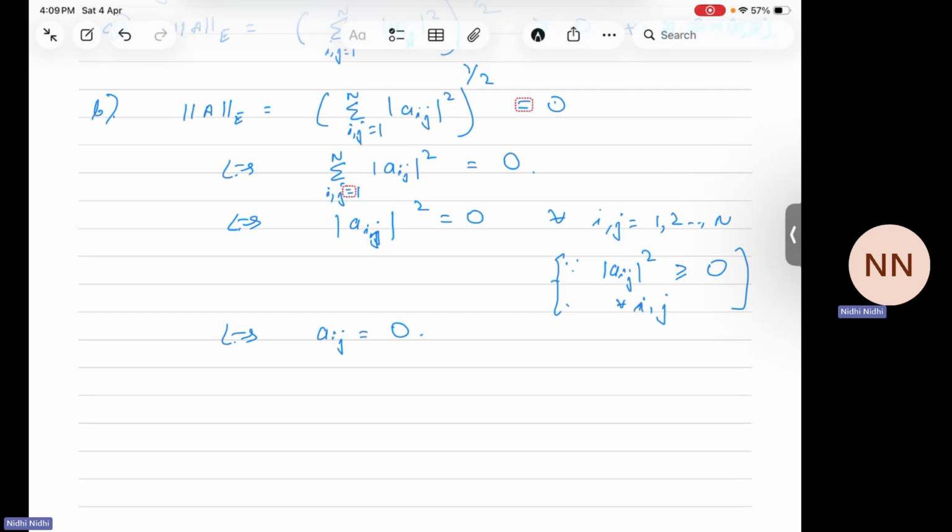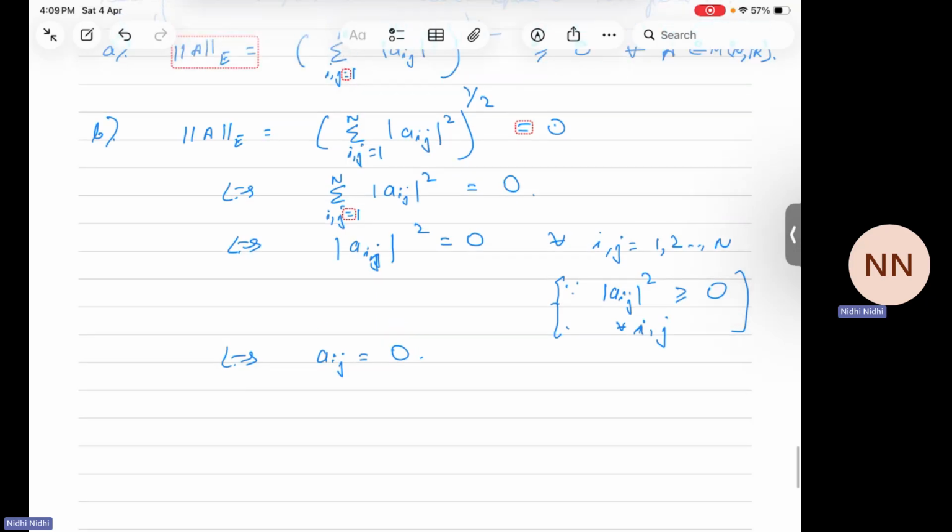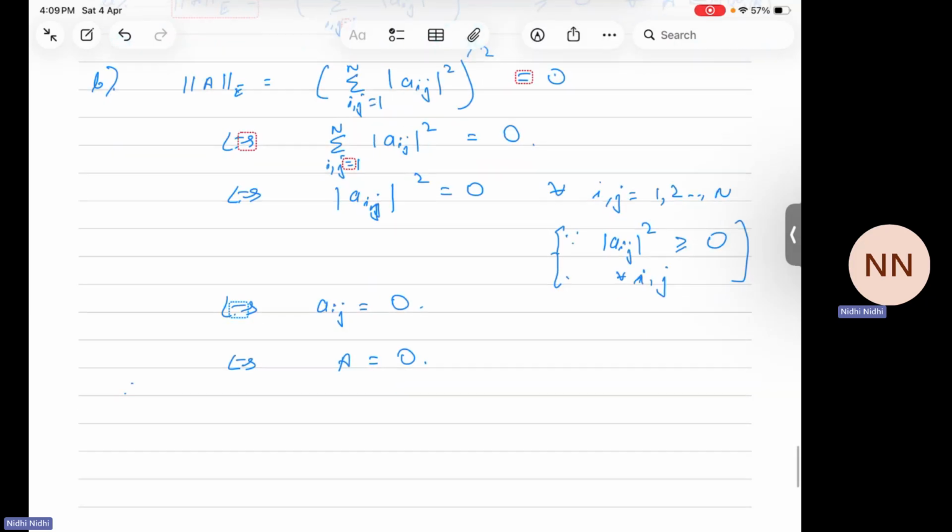Obviously the modulus squared is 0 if and only if the value is 0. So therefore, what do we get? The matrix A was actually a 0 matrix. Therefore, this norm is 0 if and only if the matrix is 0.